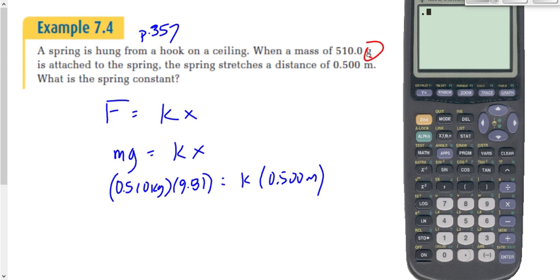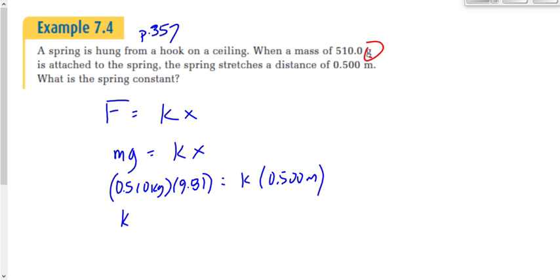Let's say 0.51 times 9.81 divided by 0.5 equals 10.0062. We're going to round that to 3 digits, so K would be equal to 10.0 newtons per meter.